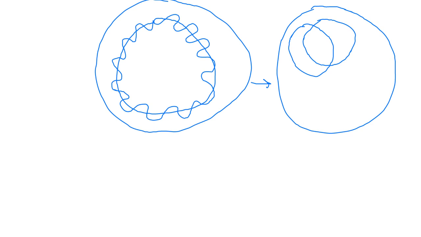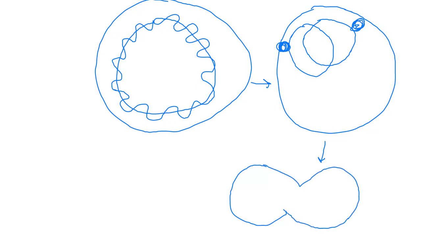Each of these is then going to attach to a side of the cell membrane of this prokaryote. And then as the cell membrane pinches off, we've got this piece of DNA attached over here, and this piece of DNA attached over here. The cell membrane can pinch off and make two new cells, okay?